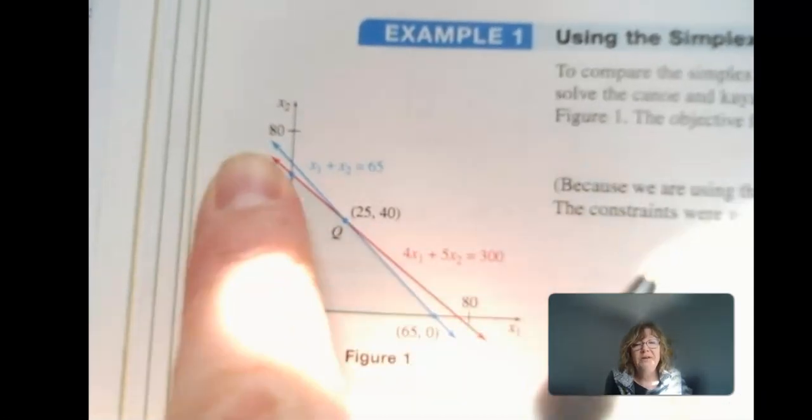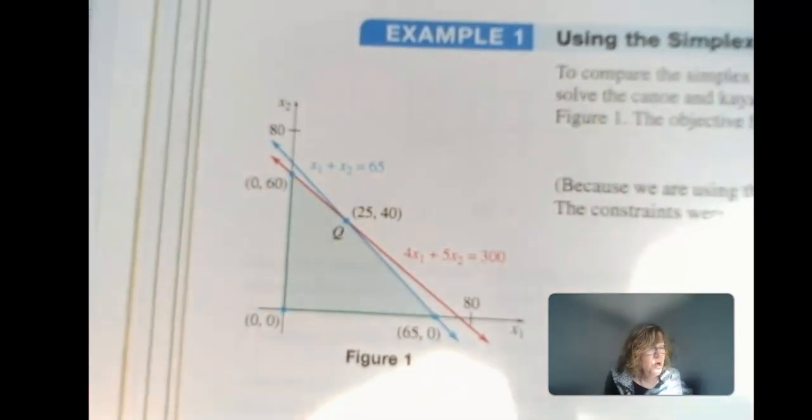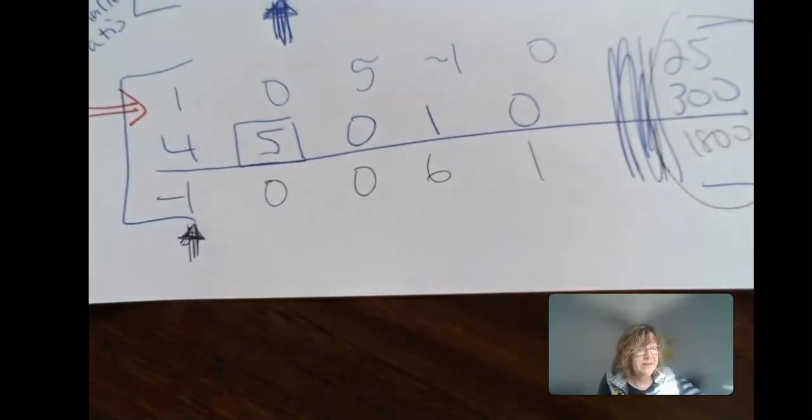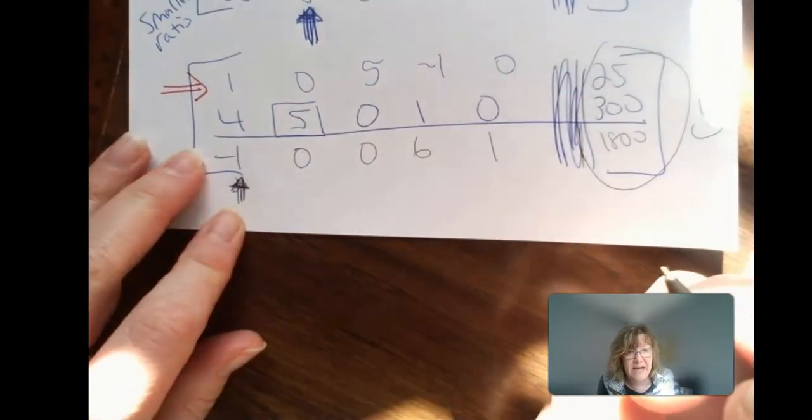All of these we put in our chart to try to find the max. So what we just did here is we landed on one of those corner points, but it's not the best corner point. So let's see what this answer is, even though it is not the optimal solution.